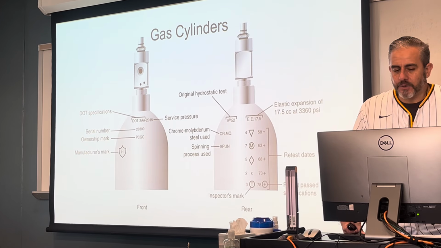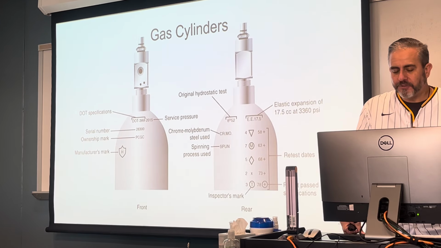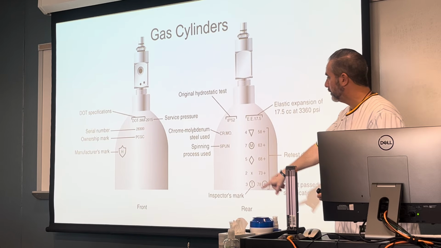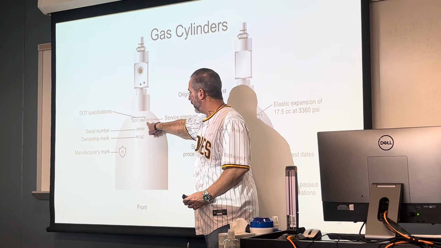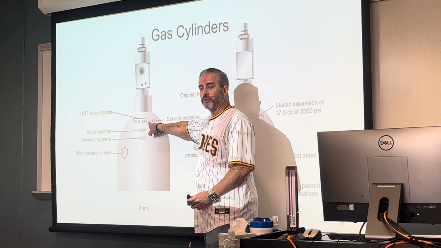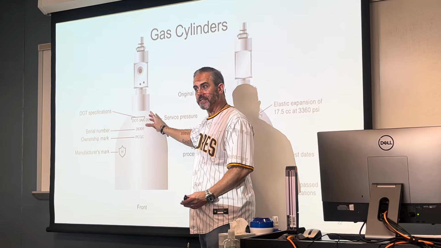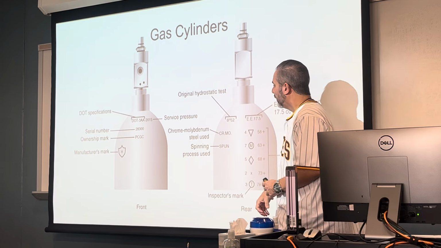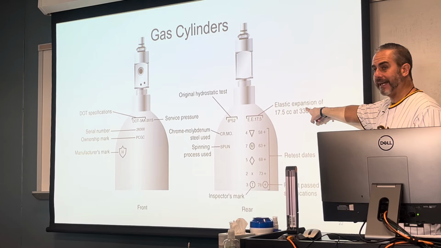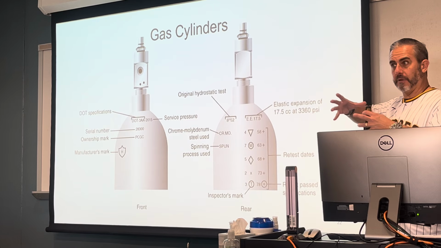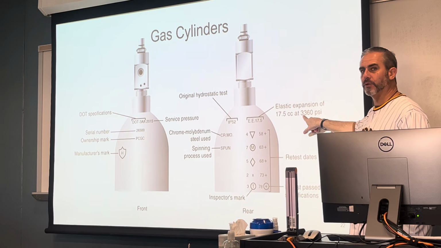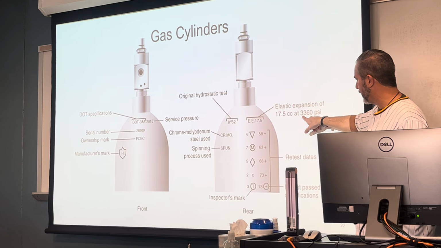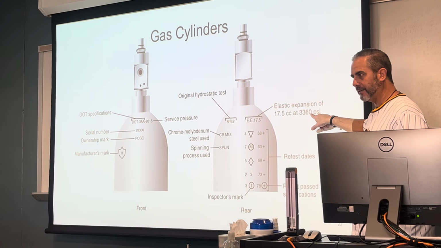There are some of the things that are there on the tank. I'll point out a few. For example, the service pressure. This tank is designed to hold 2,015 psi, pounds per square inch, of pressure inside of it. A few other things, the elastic expansion, how much that tank moved when it was expanded to 5/3 its service pressure, which comes out to be mathematically 3,360 psi.